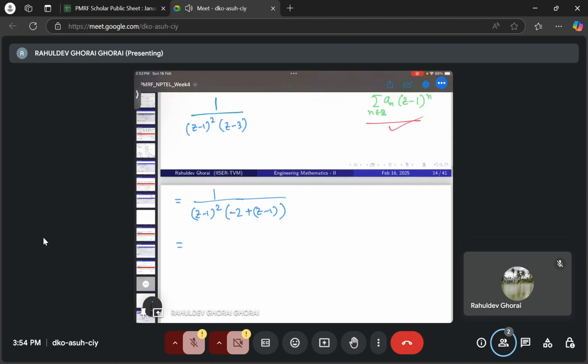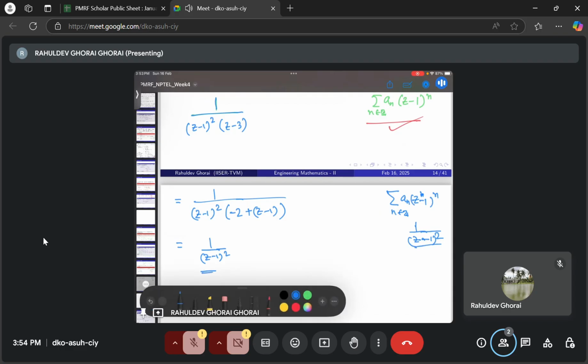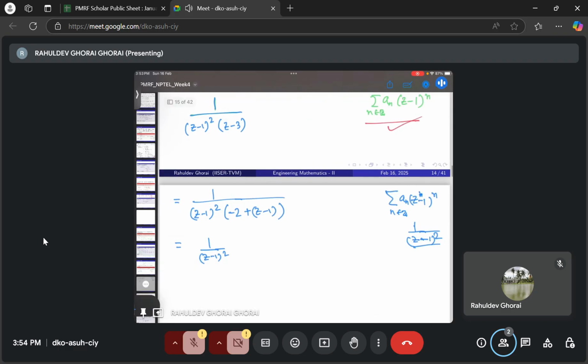Again, 1 over (z minus 1) whole square. See, this term can also be there because your series is a summation over a_n, n belongs to Z, and (z minus 1) to the power n. So 1 over (z minus 1) whole square, that term can be there, so we don't worry about this. Let it be, right? But the other term, we have to expand.